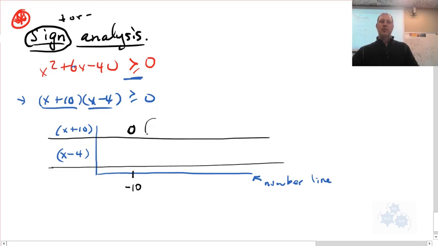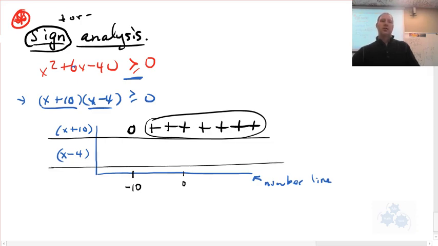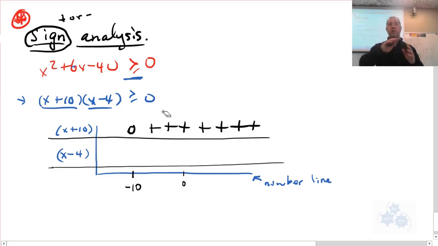If I choose 0, 0 plus 10 is positive 10, right? So that means that everything on this side of negative 10 will make this factor positive. And so that's what you do. You put a whole bunch of positives in that row on the right side of this 0.